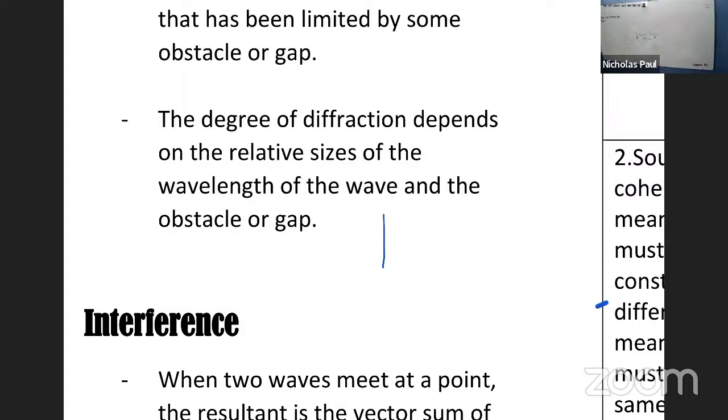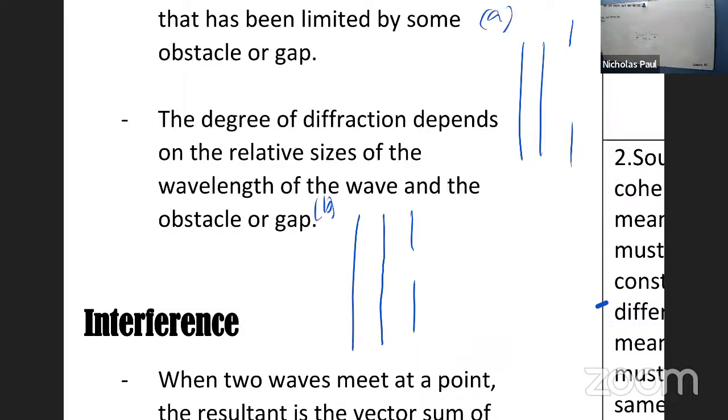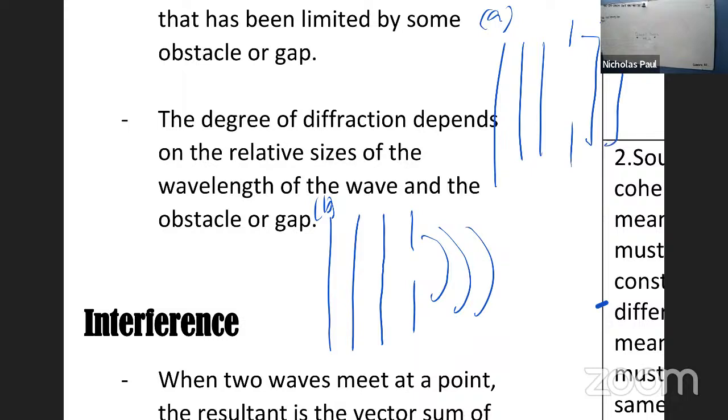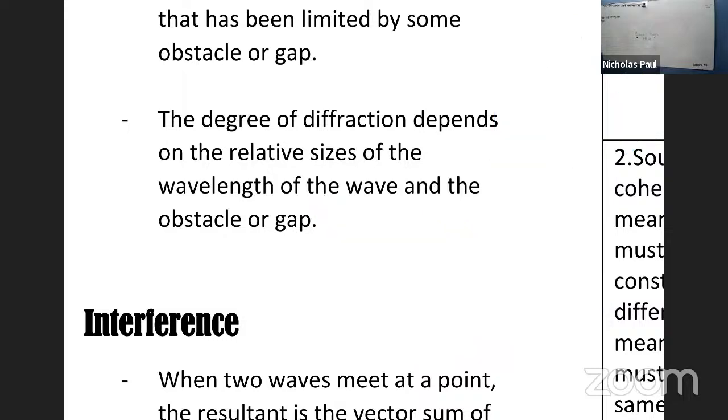So just remember this, please. Which one will undergo a greater degree of diffraction, diagram A or diagram B? B. When it passes through here, the diffraction will be like that. When it passes through here, the diffraction looks like this. Some small things to remember.